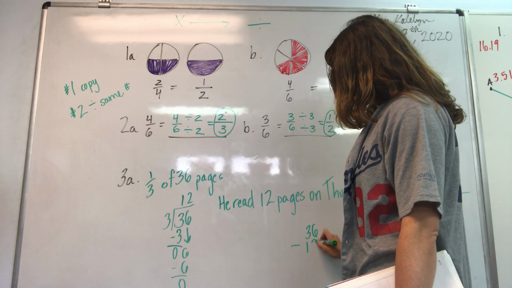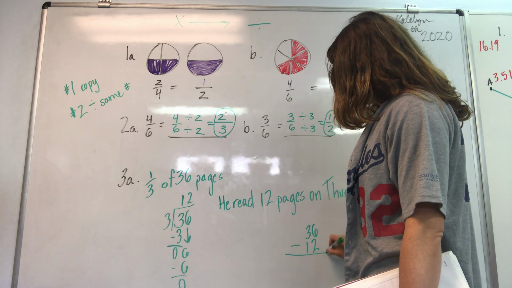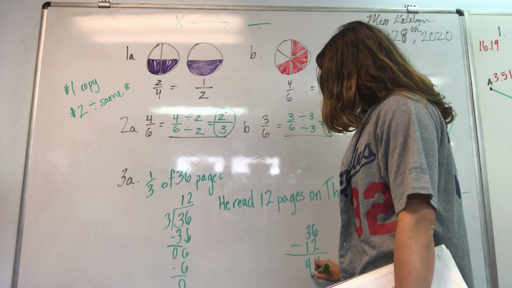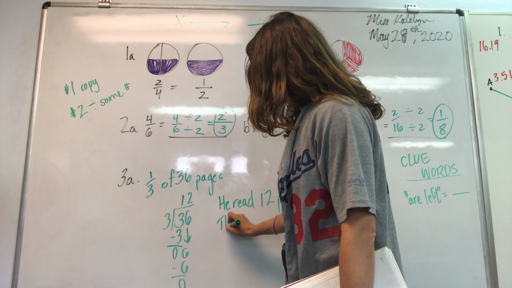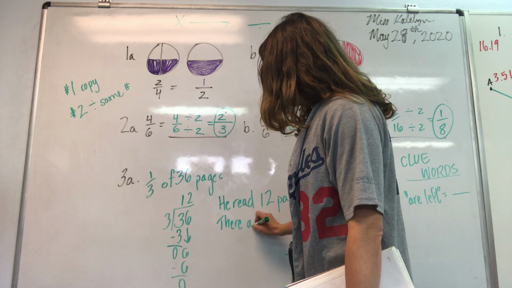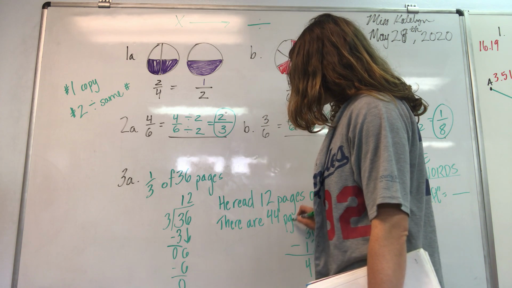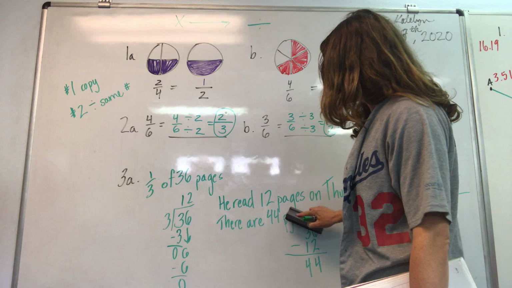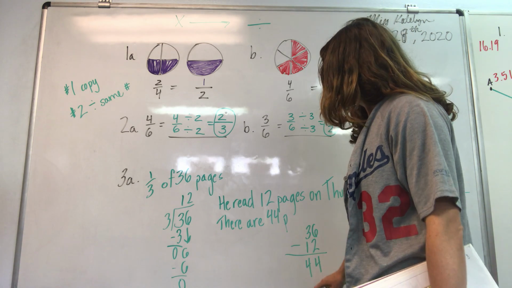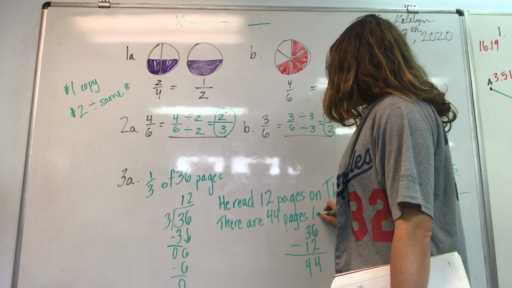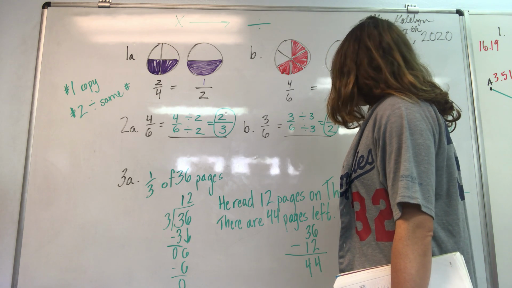He read 12. 6 minus 2 is 4. 3 minus 1 is 2. There are 24 pages. I can't even spell, I'm so sad. There are 24 pages left. Circle.